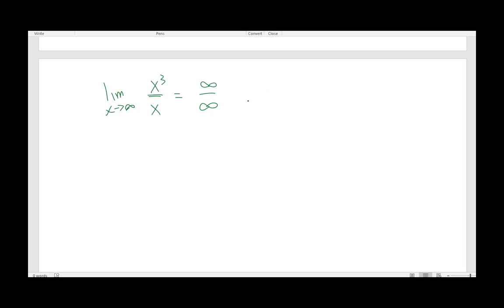So in other words, we have something relatively small. I'm just going to call it a constant, although of course it isn't a constant, but it's a relatively small number compared to the infinity we get in the numerator. So this grows much quicker, and infinity divided by a number is infinity.